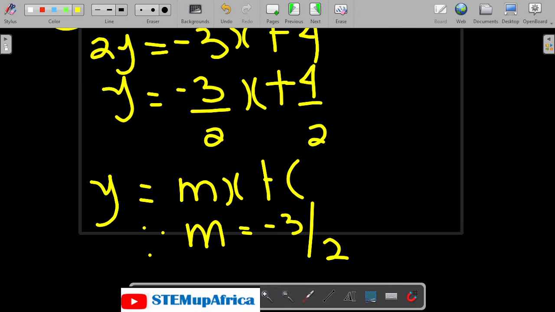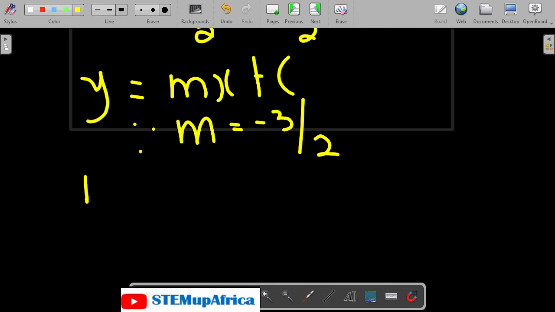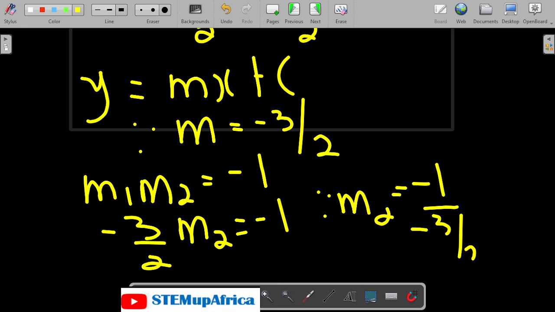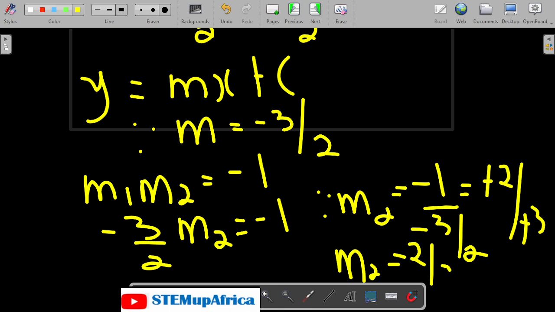For a perpendicular line, we know that m1 times m2 equals minus 1. I'm having minus 3 over 2 times m2 equals minus 1. Therefore my m2 is minus 1 over minus 3 over 2, which is minus 2 over minus 3. Minus goes with minus, so my m2 now is 2 over 3.